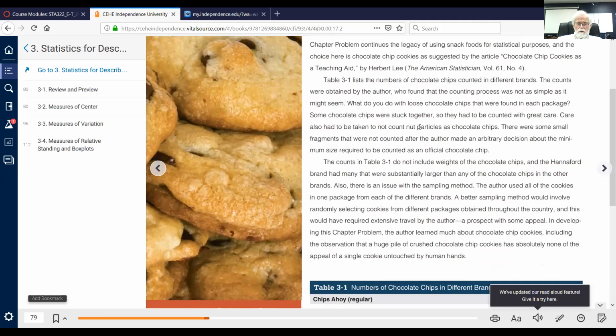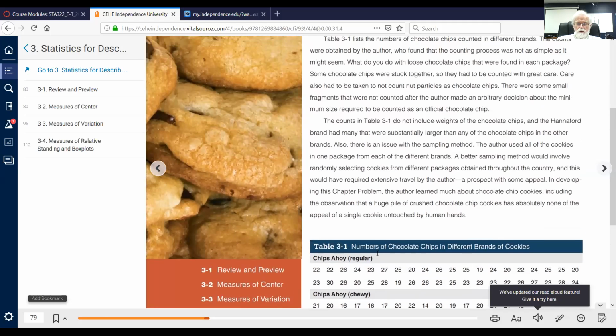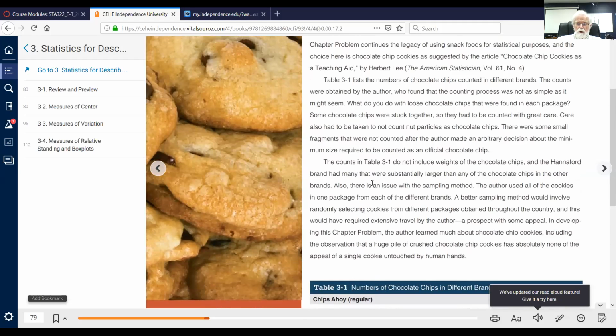So we're going to be looking at those and looking at a couple of things. And one thing to note is that if we look at some of these cookies, the Hannaford, for example, they were substantially larger than the other brands. And one of the things here, again, let's look at sampling. They do not include the weights of the chocolate chips.